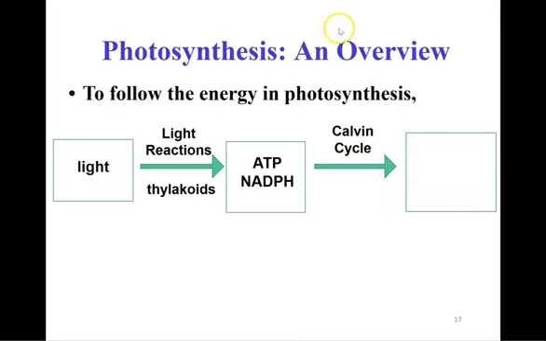The ATP and the NADPH go to the Calvin cycle, which is located in the stroma, and from there it produces the carbohydrates. Within the Calvin cycle, it also utilizes carbon dioxide to help have this reduction into a carbohydrate. And that concludes the lecture on photosynthesis.